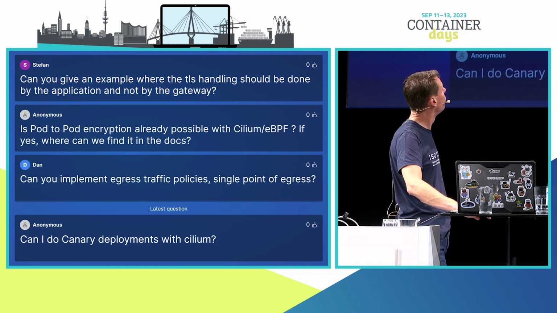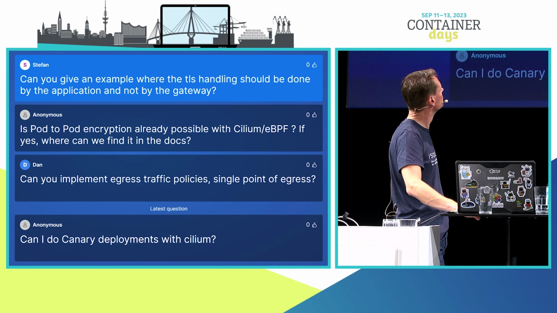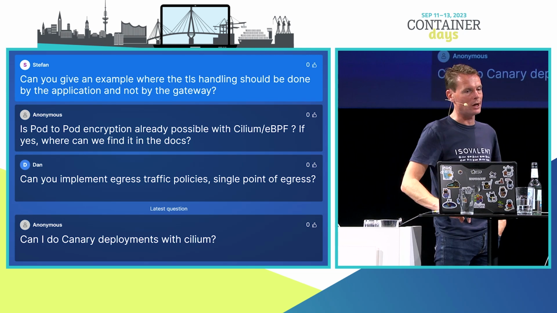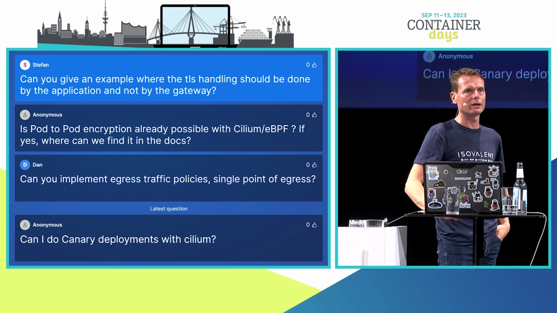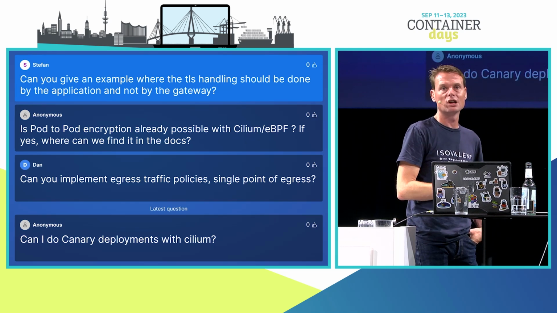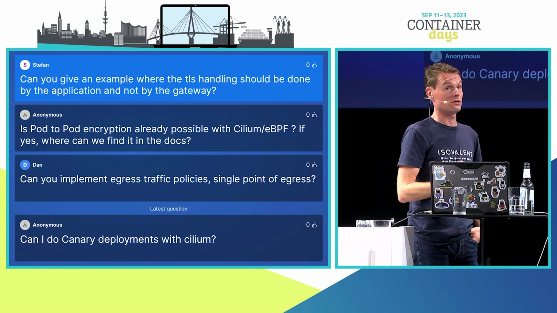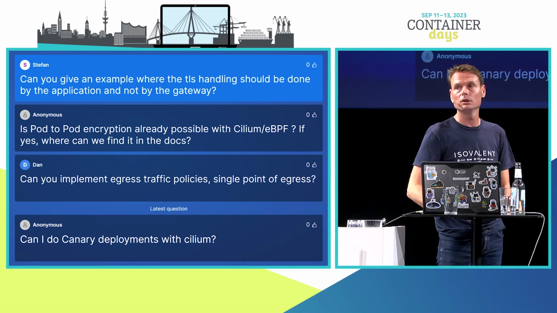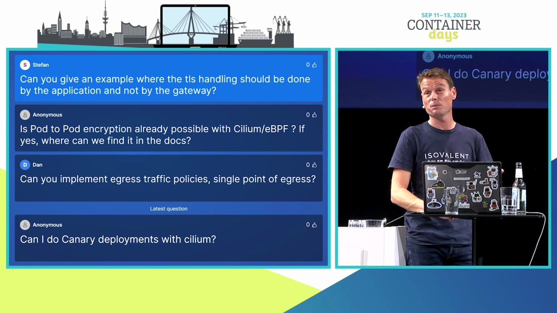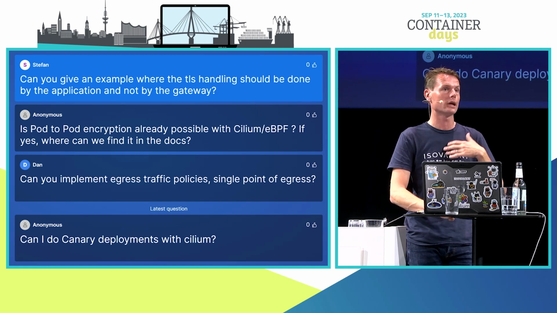Can you give an example where the TLS handling should be done by the application and not by the gateway? That's a very good question. If you do it on the gateway, from a security or platform perspective, you have the benefit of being able to see the flows and API calls after the traffic has been decapsulated by the gateway. You can, for example, get layer 7 information of your network flows, which allows you to also create Cilium network policies based on that layer 7 information, maybe specific gRPC or HTTP requests.